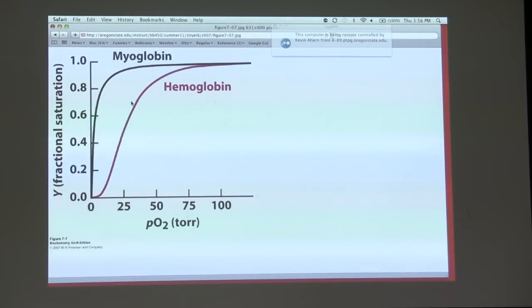That's really useful if we need to have flexibility in our binding and in the release of oxygen. So I've just defined for you, not formally, but practically, what cooperativity is.